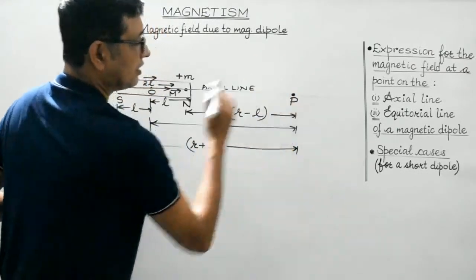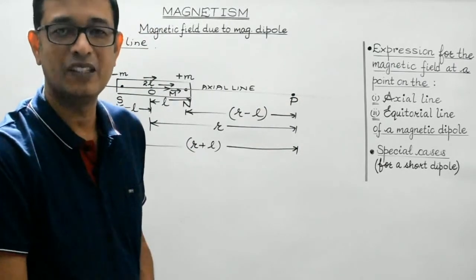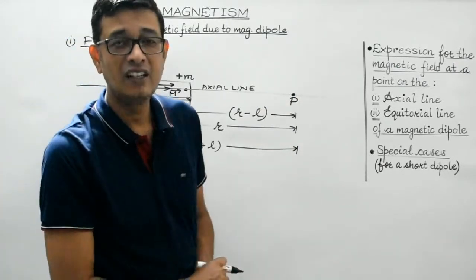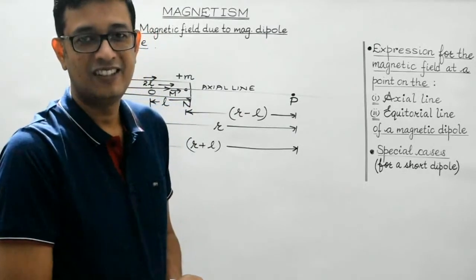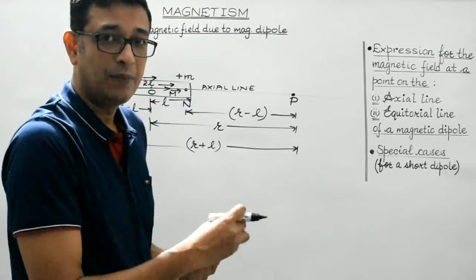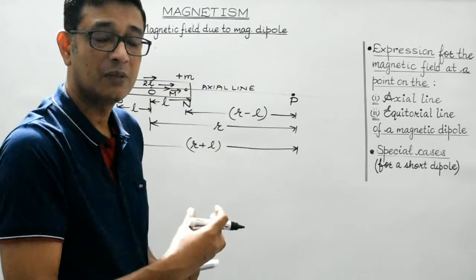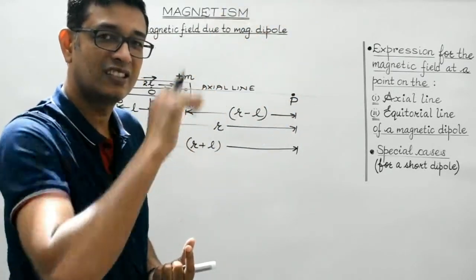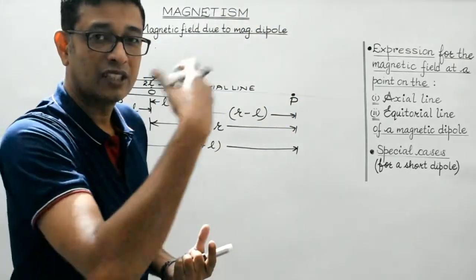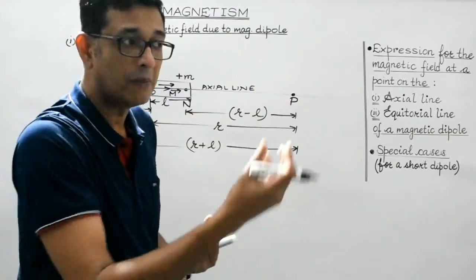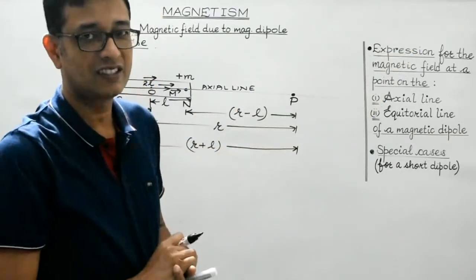Okay, now let us draw the vector diagram at point P. Magnetic field, as you are aware, students, is a vector quantity, right? At any point outside the magnet, due to the north pole, the magnetic field will be directed outwards. And at any point outside the magnet, due to the south pole, the magnetic field will be directed inwards, isn't it?